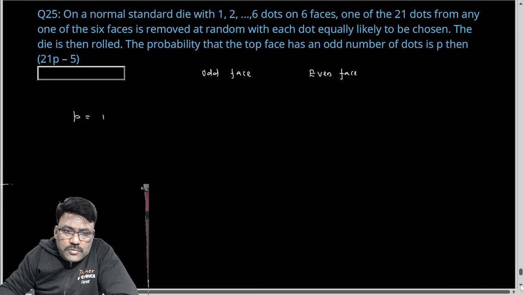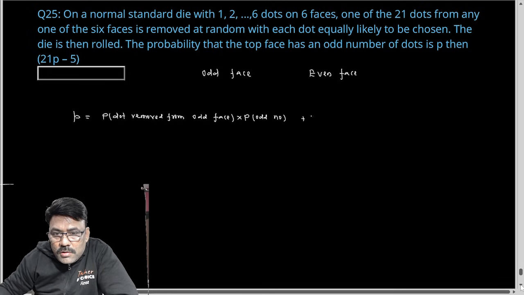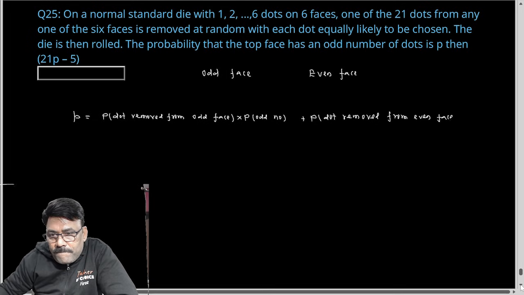The dot is removed from an odd face and then we get an odd number on the top face, or the dot is removed from an even face and then we get an odd number on the top face. Two possibilities.